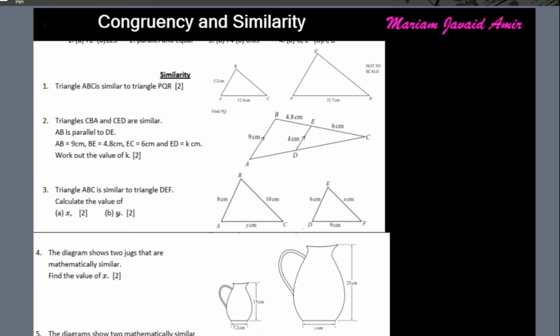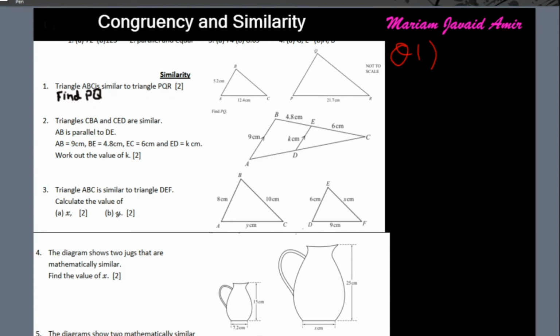Alright, now let's start the questions related to similarity in the worksheet. Question number 1 for similarity, which is: the triangle ABC is similar to triangle PQR. Okay, so the question here is find PQ.